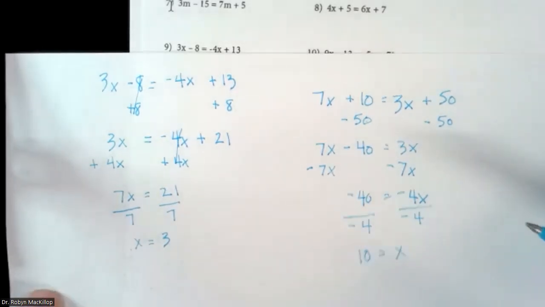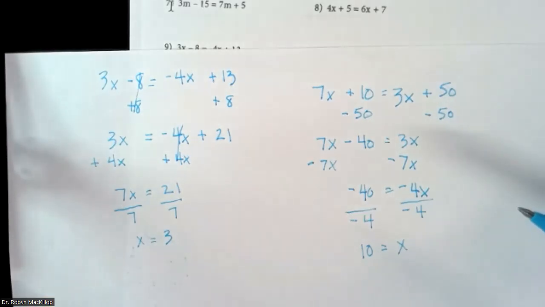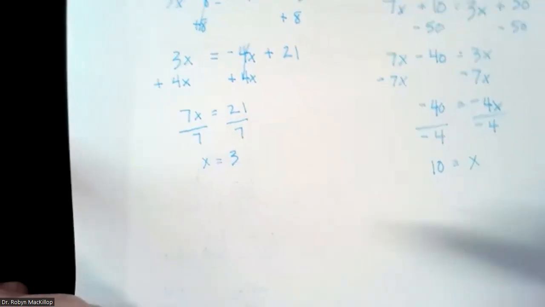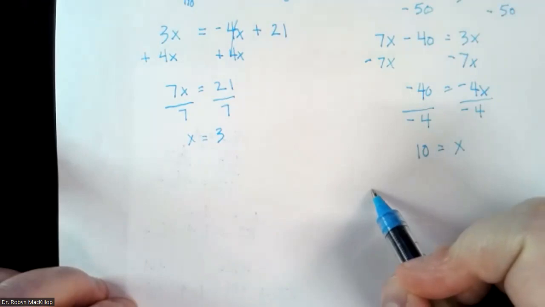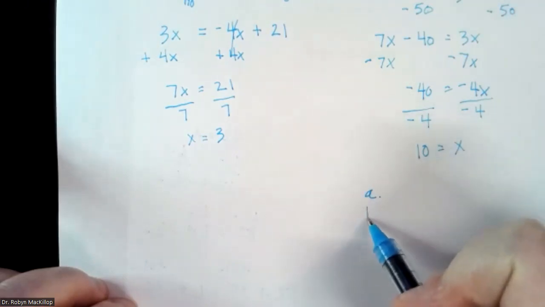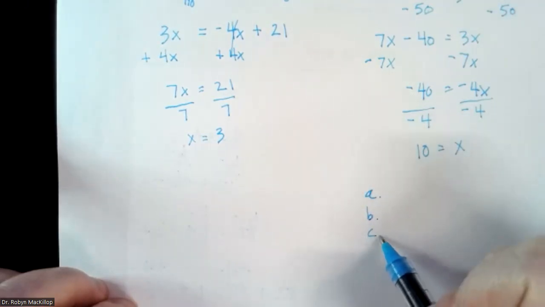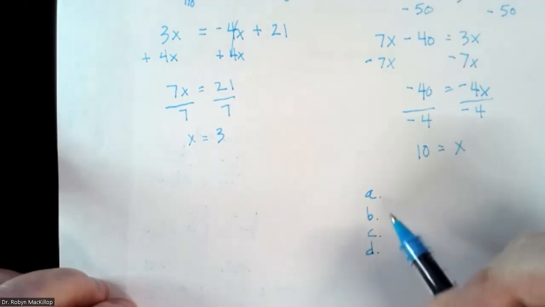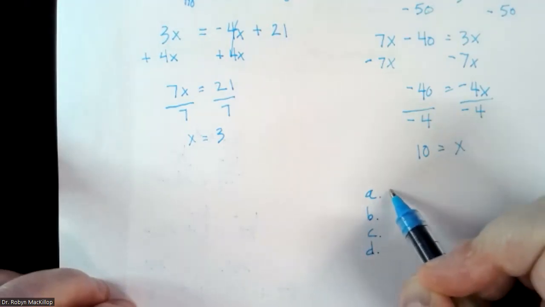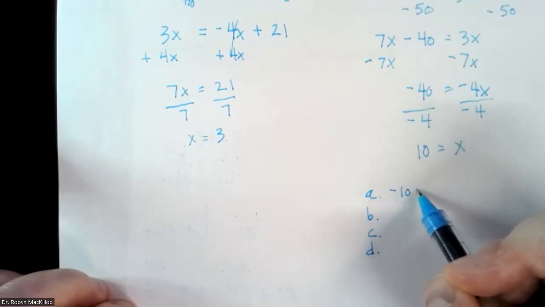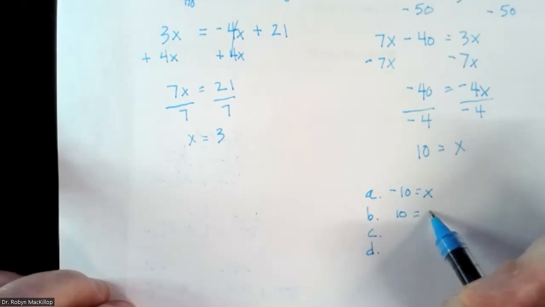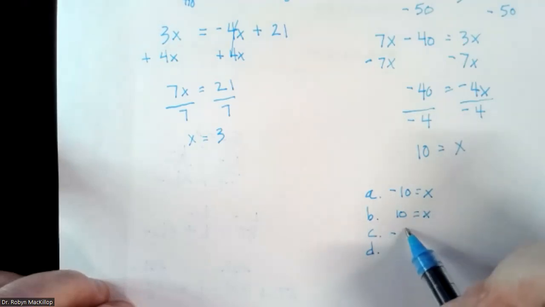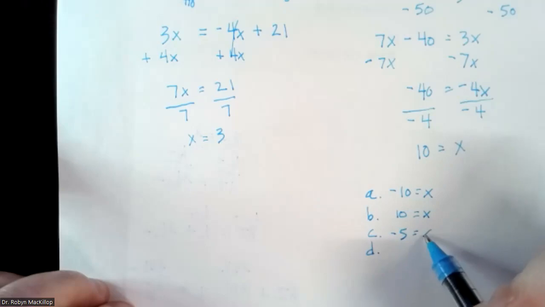Sometimes the sign makes the answer incorrect. And the GED is not above that. For this answer, you could very easily have this selection on the GED, and this annoys me. I don't think it's nice. So they would do something like negative 10 equals x, 10 equals x, negative 5, or 5.